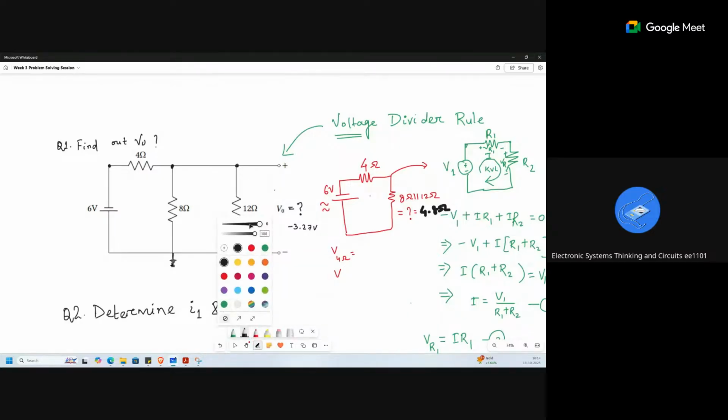So now you apply your voltage divider rule and tell me what is the value of this V4 ohm and V4.8 ohm. You just calculate and tell me.